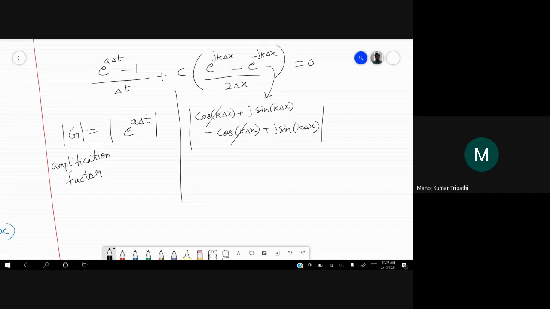Some more answers: 1 minus c dt by dx into sine. Okay, let me just write this.